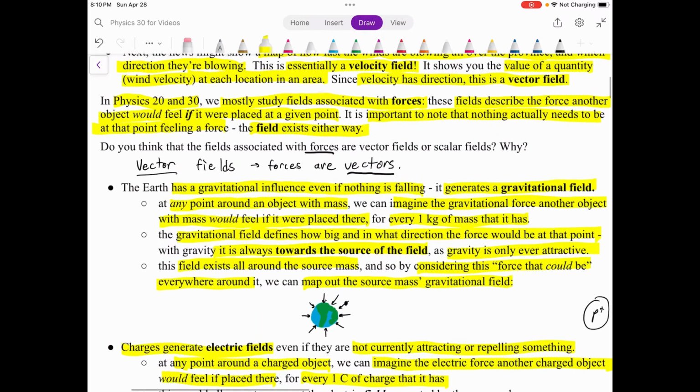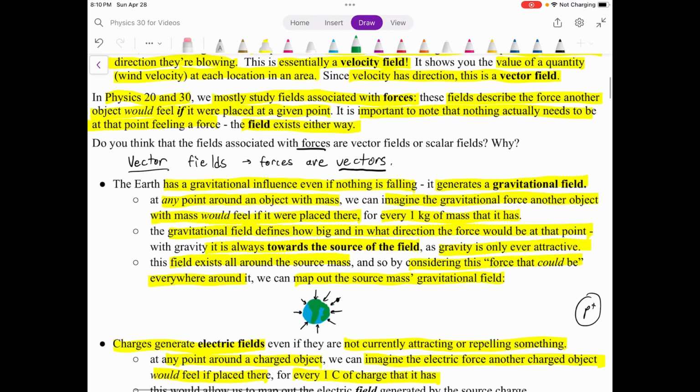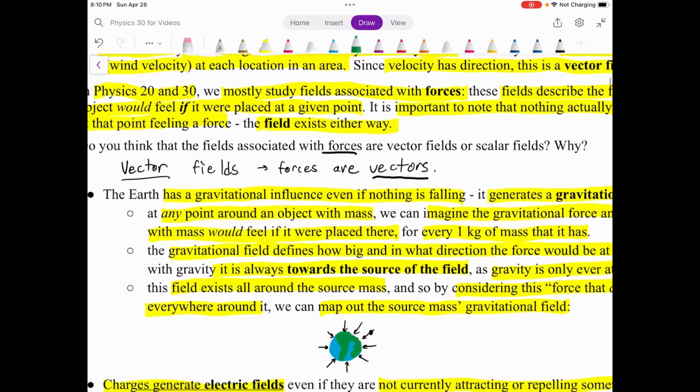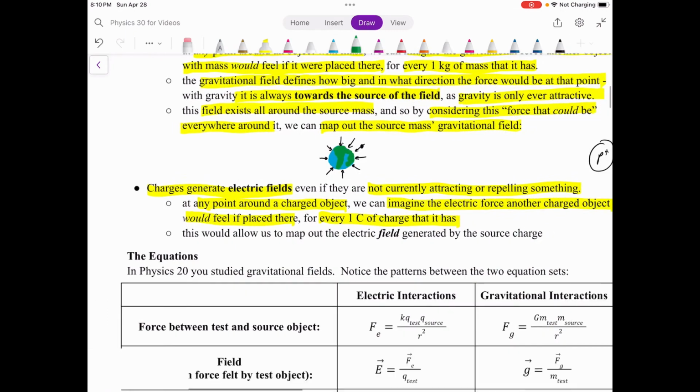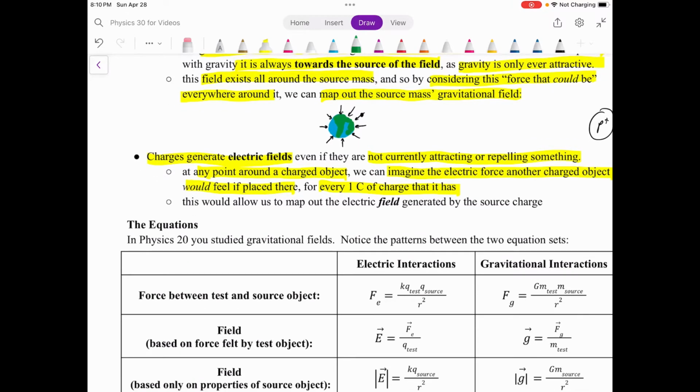So we think about how many newtons of force it would feel for every kilogram of mass it has when talking about the gravitational field. When talking about the electric field, electric forces, we know, affect things with charge. So we think about how many newtons of force would it feel for every coulomb of charge that it has. And by doing that, we would be mapping out the electric field generated by the source charge.